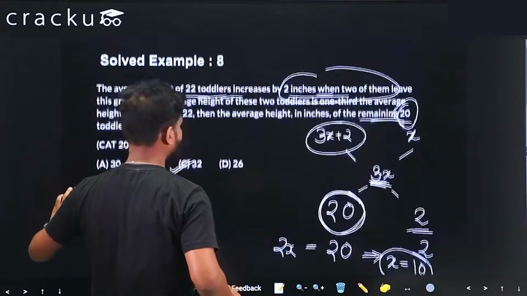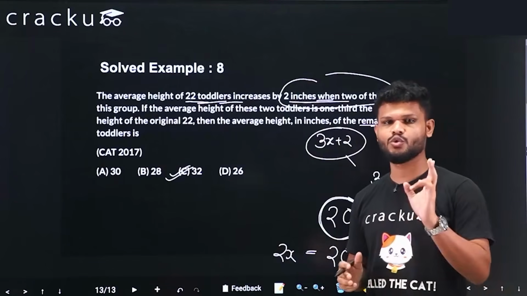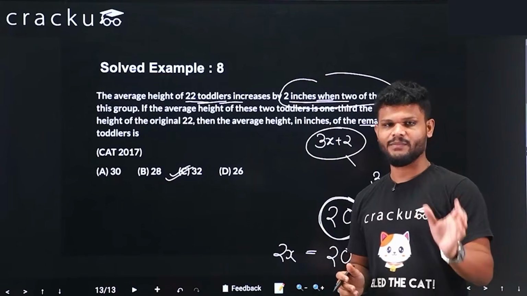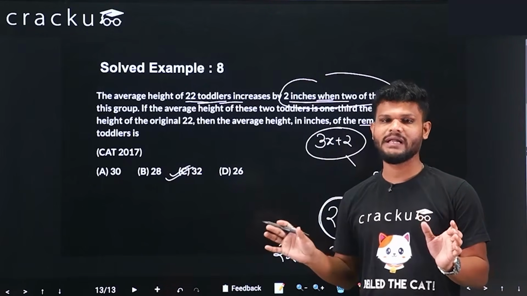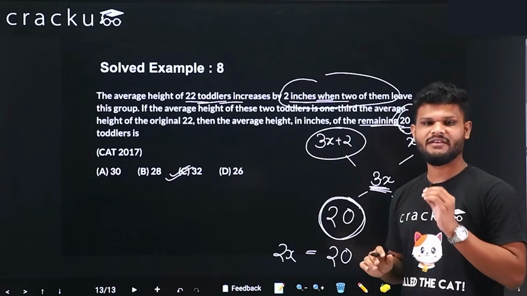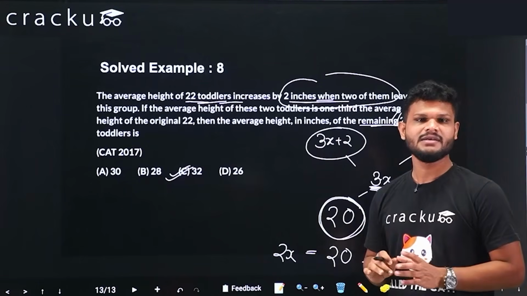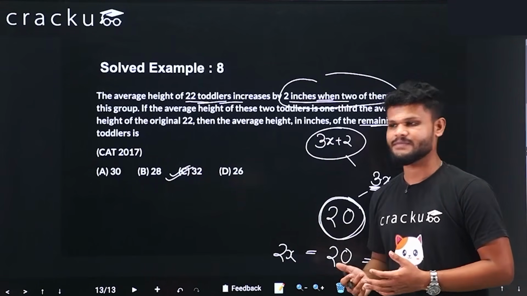So in this question, we just understood that the average of 22 toddlers will be formed by 2 groups. What are the 2 groups? The remaining 20 and the 2 who left. Just by the conditions given in the question, we wrote down a very simple alligation equation and solved it under 30 seconds. So this is how you solve these questions.